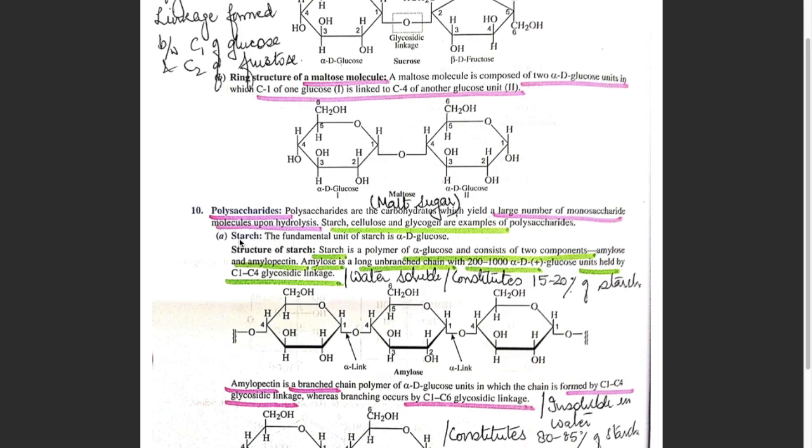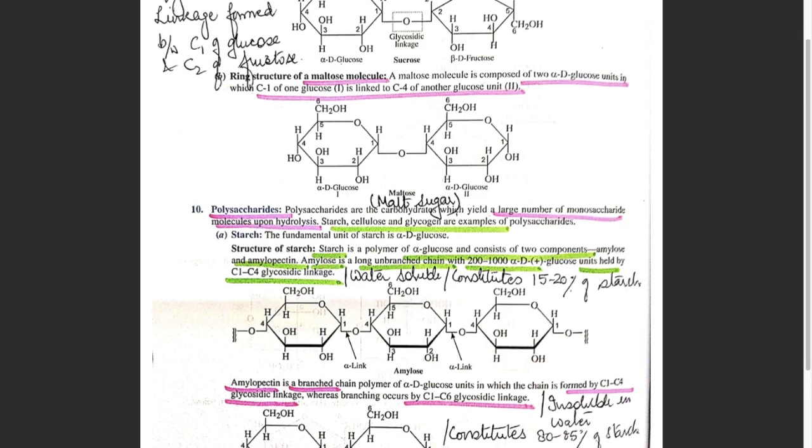Starch is a polysaccharide containing two constituents: one is amylose and another is amylopectin. You may get a difference between these two components of starch, remember.